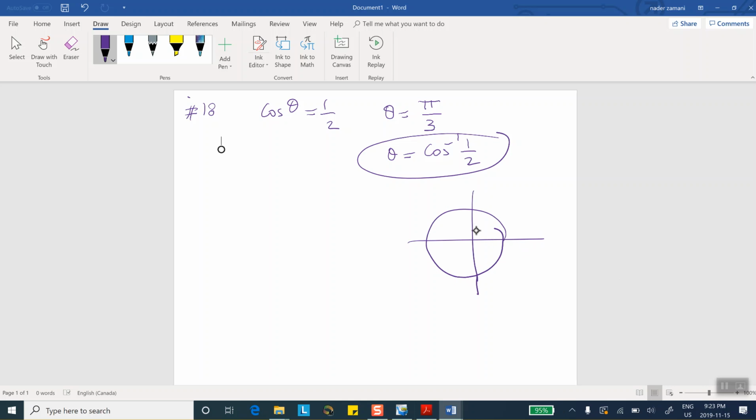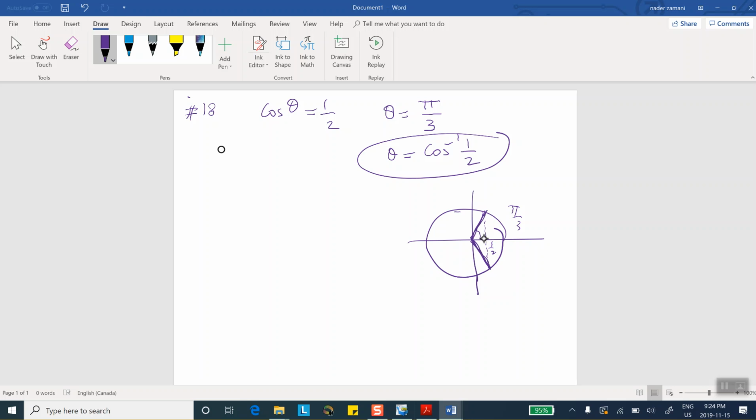I found this is the value of 1/2, cosine being 1/2. I found one angle right there, and this one was your pi over 3. But in one period, there is another angle down there, within one period.